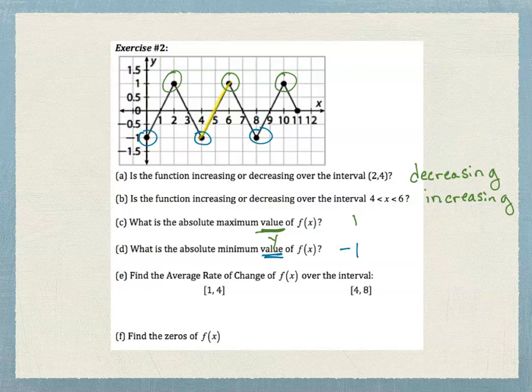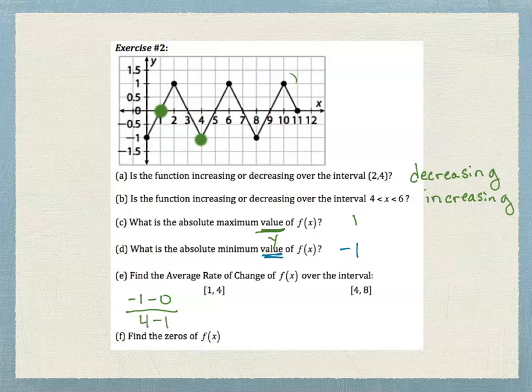Okay, the average rate of change over these intervals, from 1 to 4. I'm going to erase this because there's a lot of noise on this graph. From 1 to 4, so 1 is right here and 4 is right here. I'm going to do my average rate of change formula. I'm going to subtract the y values. So at 4, the y value is -1, minus, at 1 the y value is 0, over the x values, so 4 minus 1.